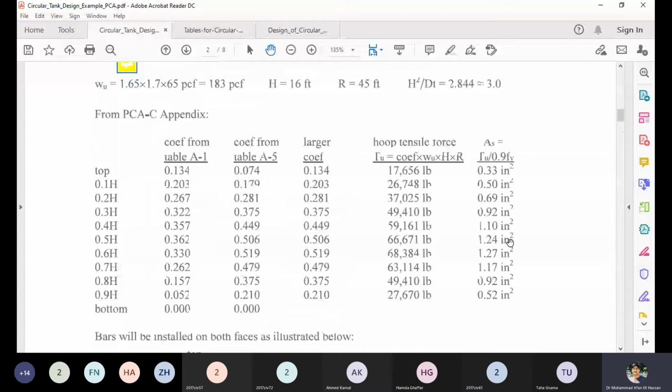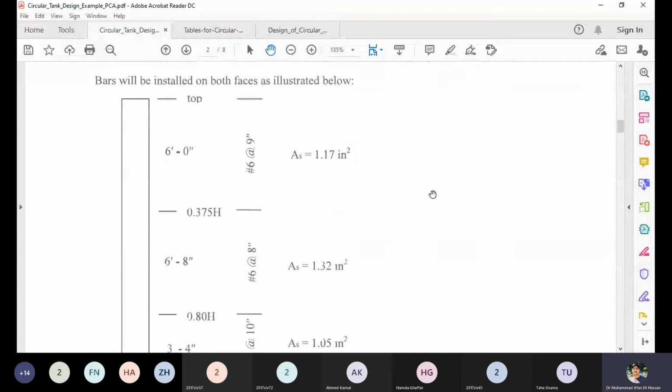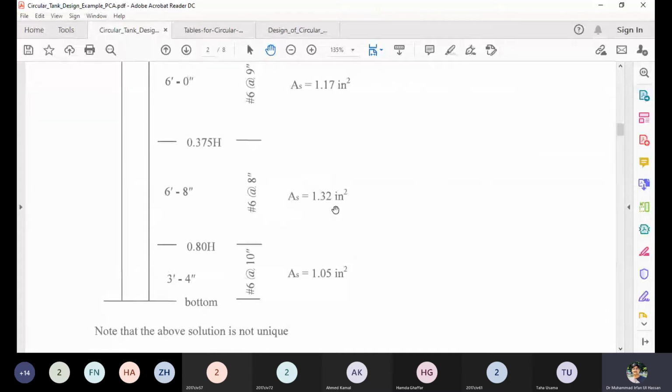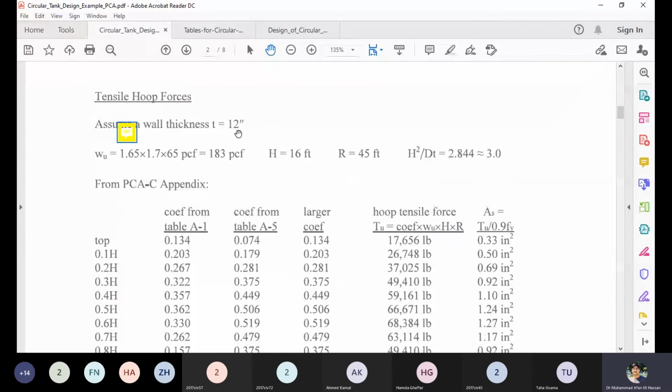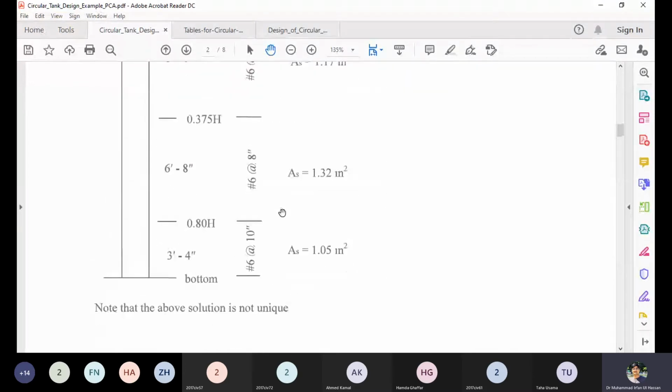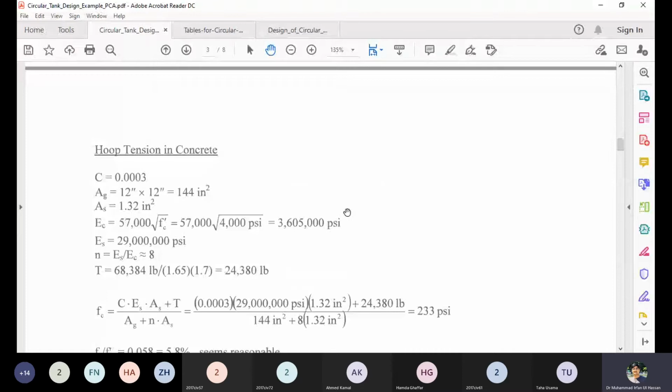Now you will check whether the steel that you have provided, and the thickness that we assumed at the start as 12 inches, is safe or not, and whether the tensile stress developed in the concrete is well below 10% of the compressive strength.